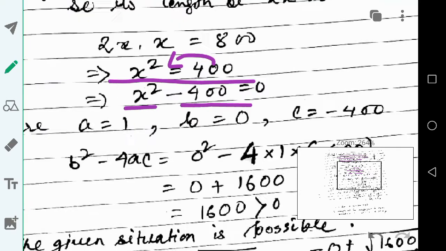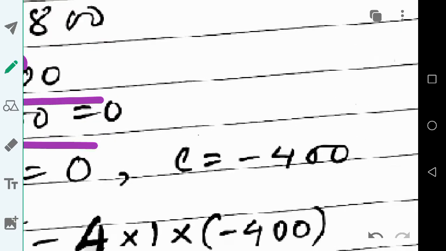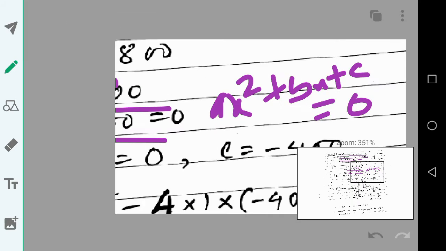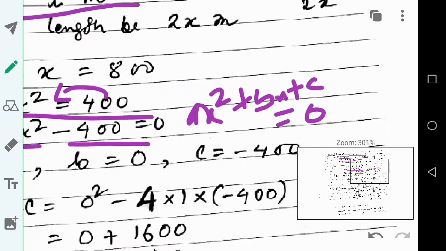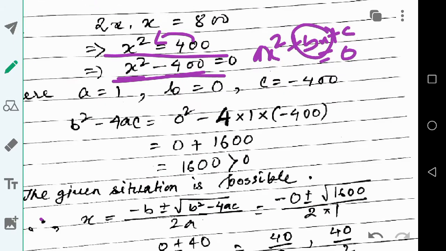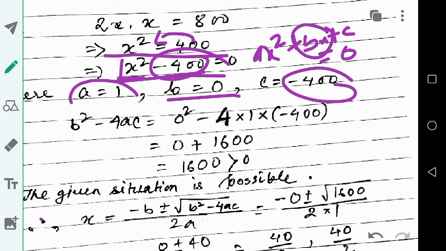Now if you compare this with the standard form, that is ax square plus bx plus c is equal to 0, then you will see the bx term is missing here. That means the value of b is equal to 0. The constant term is minus 400, and the coefficient of x square, that is the value of a, is 1.